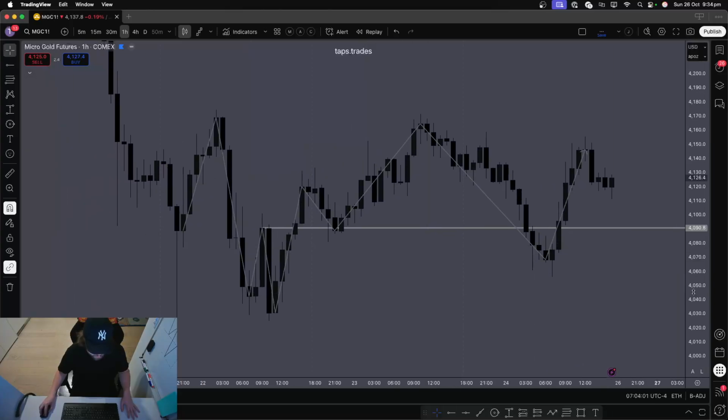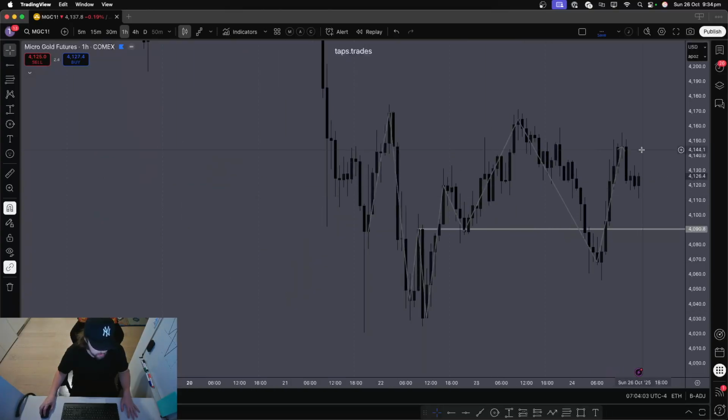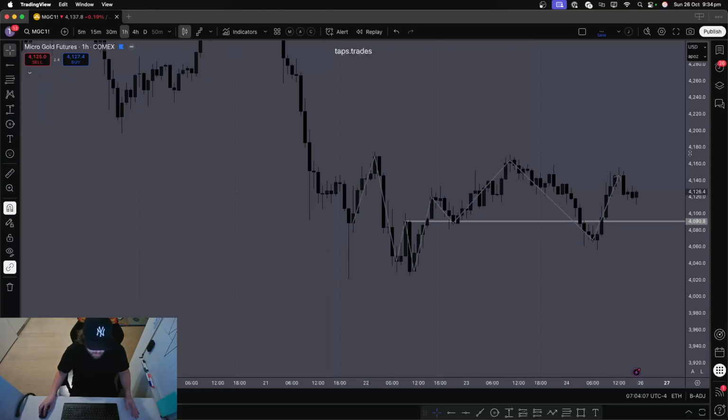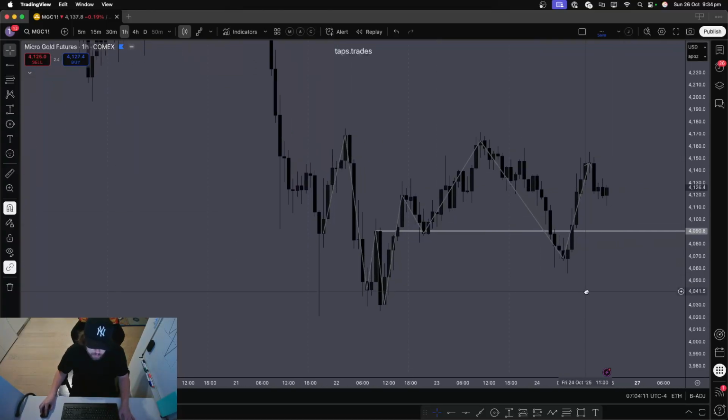So in this example, I haven't drawn the full chart, I'm just doing the last 3 days. And I think when you're looking at structure, you don't really want to go beyond 3 days. That would probably be too much to consider, too much information.